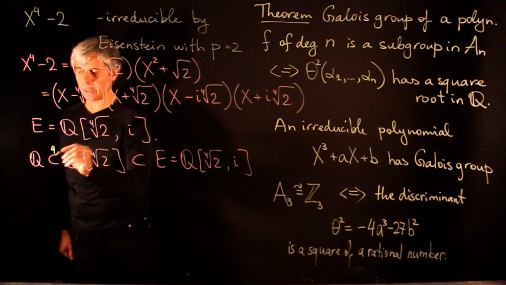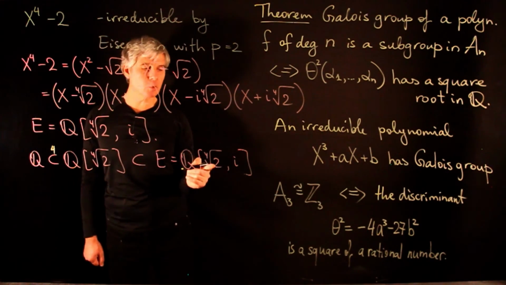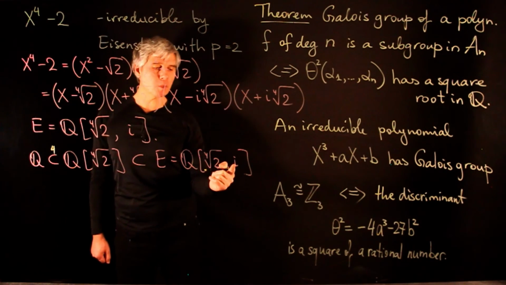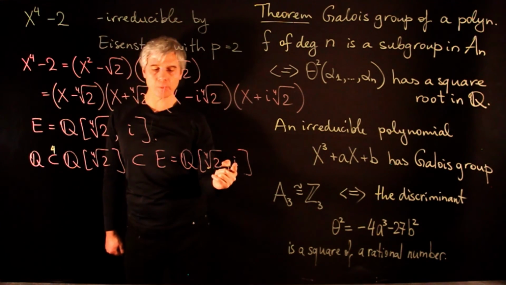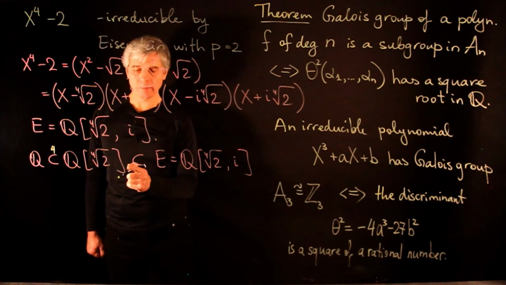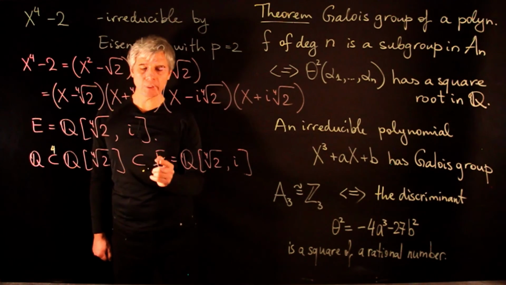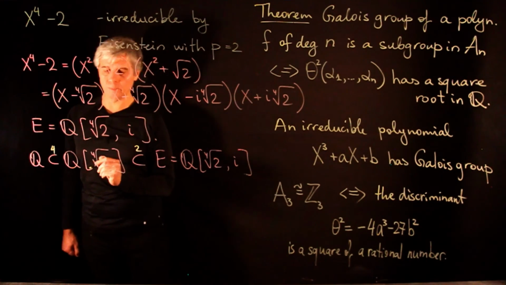So here we have an extension of degree 4. And here we have an extension of degree 2 because the minimal polynomial of i is x squared plus 1. And clearly this extension is proper because the intermediate field is real while the splitting field is not. So here we have degree 2.